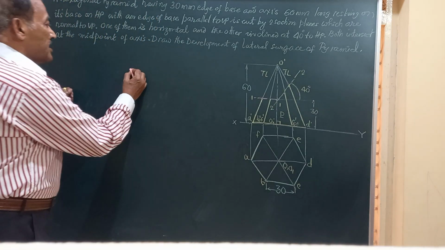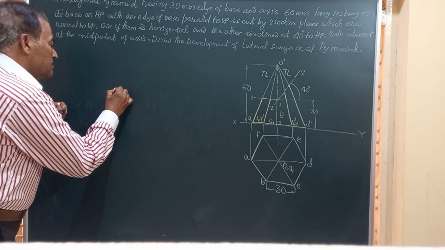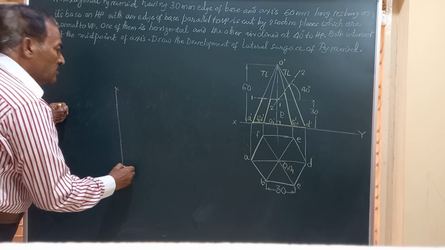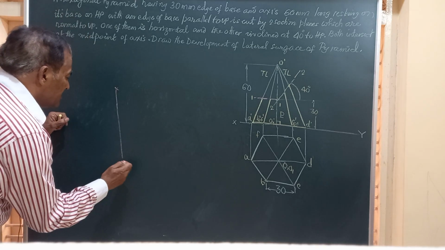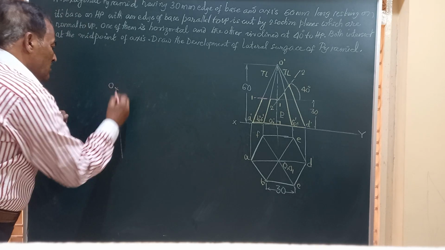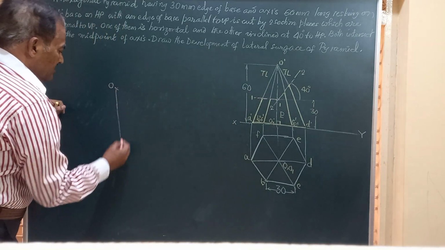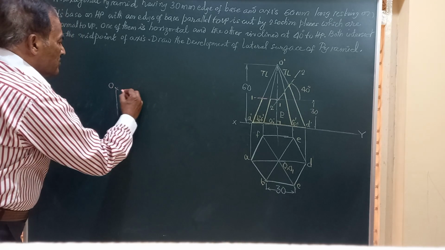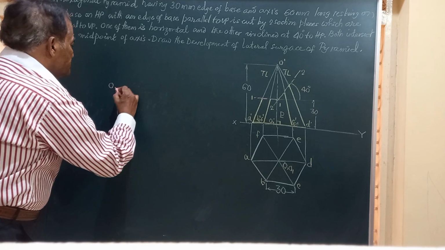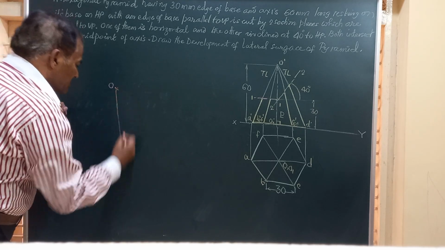I am going to draw a line here of length is equal to that. Say this is O, and taking this O dash A dash as length or the radius, I am going to draw an arc through this.